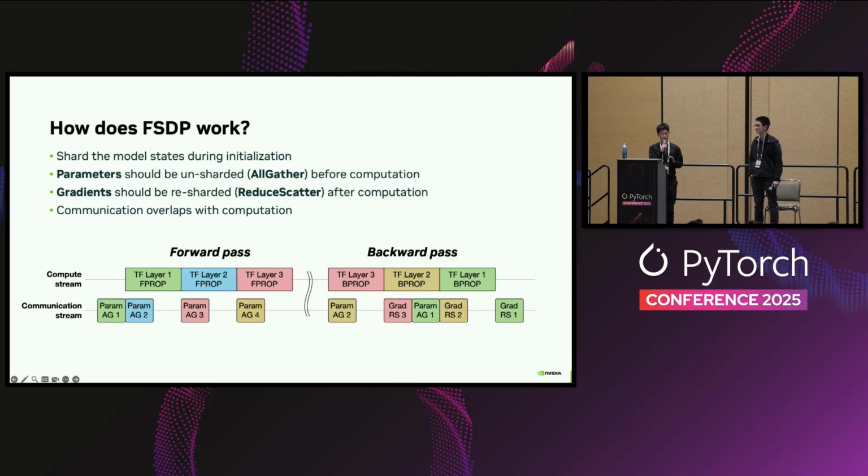And the key to making FSDP performant is that all this communication is hidden under computation, as shown in this diagram. This happens by using two different streams, and we basically co-allocate and keep all this communication hidden under computation.